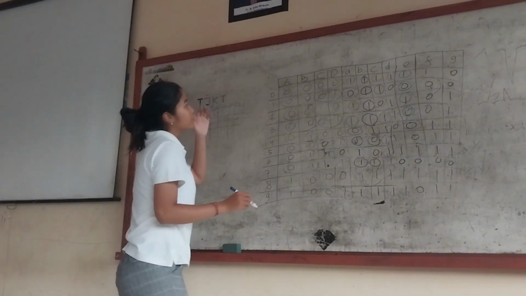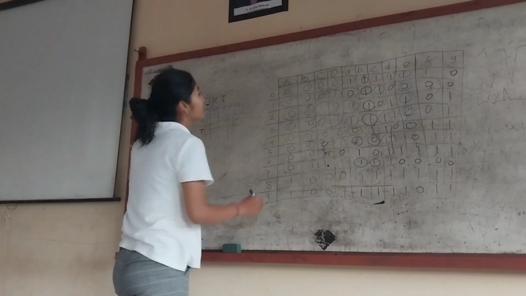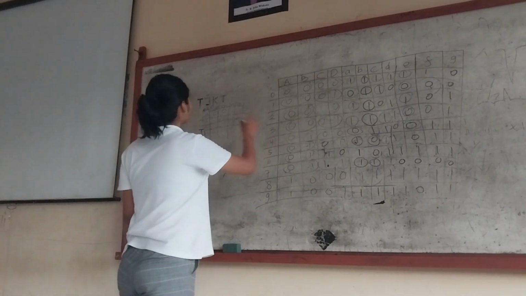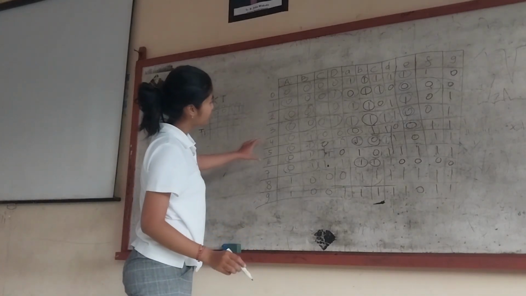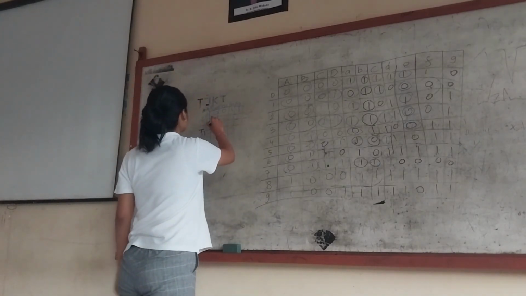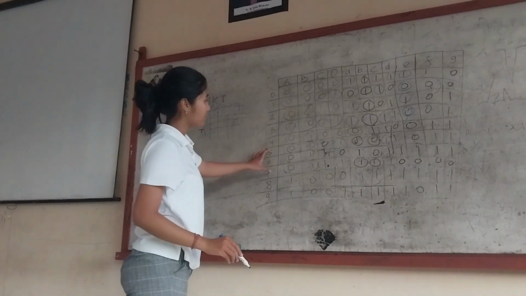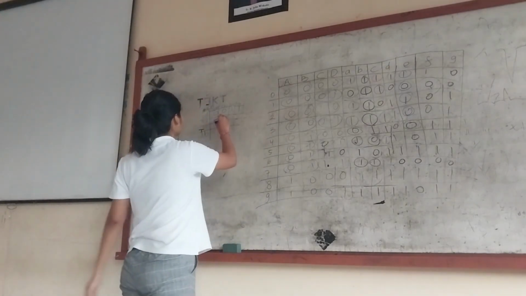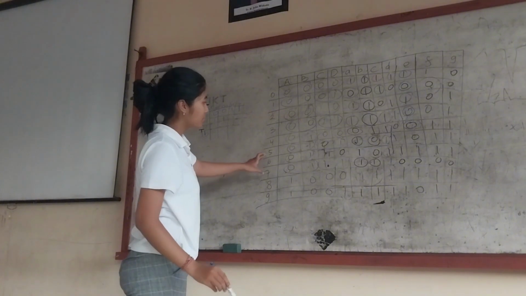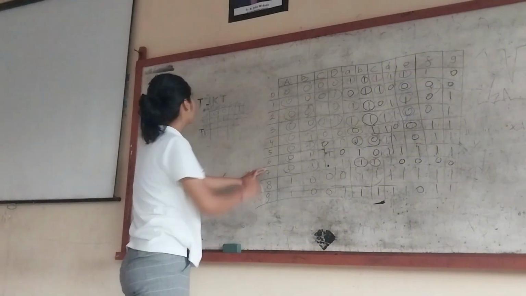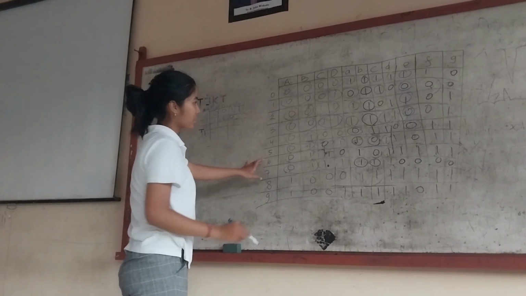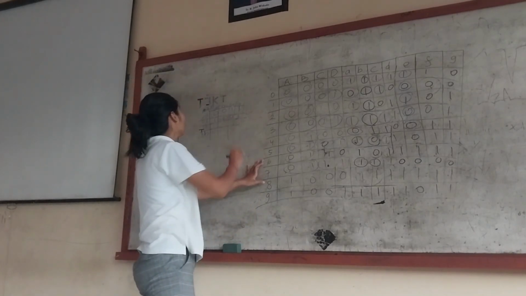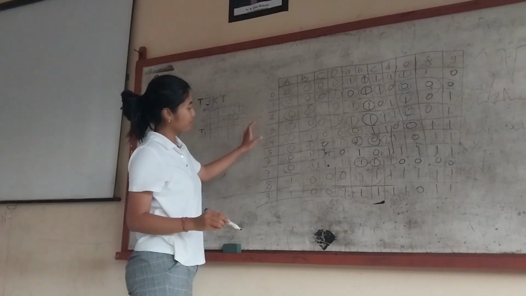0, 0, 0, 1, 1 is 1, in here 1, 0, 1, 0, 0 is 1, 0, 1, 0, 1 is 1, 0, 1, 1, 1 is 0, 0, 1, 1, 0 is 1, 1, 1, 0, 0.